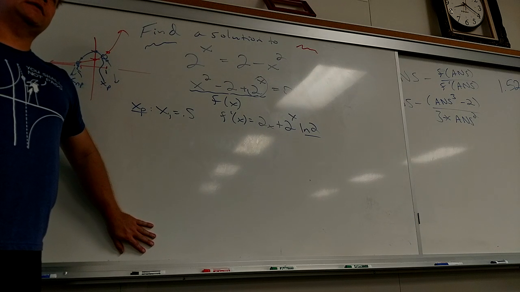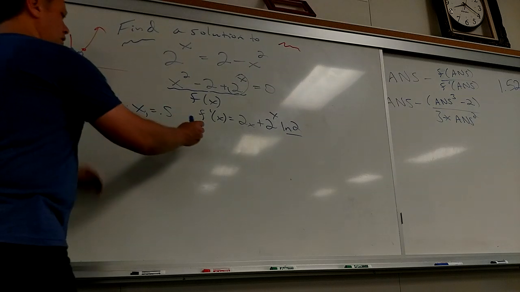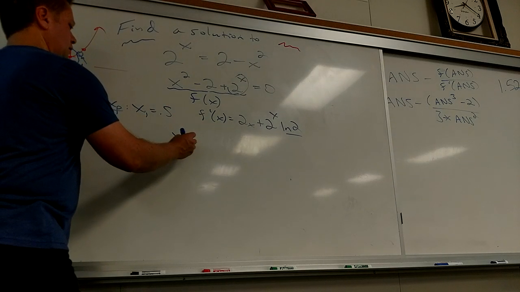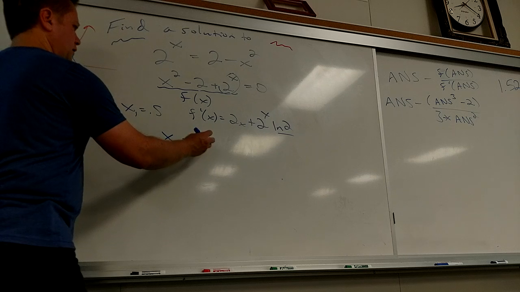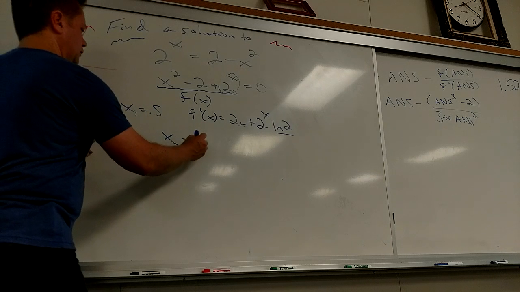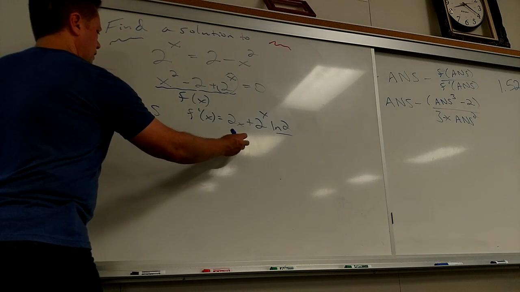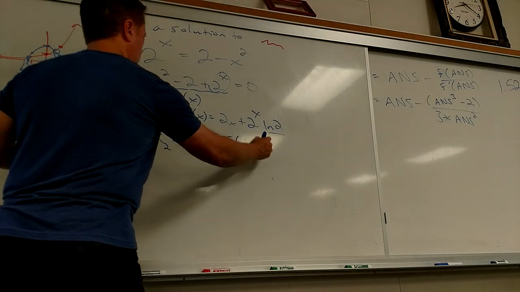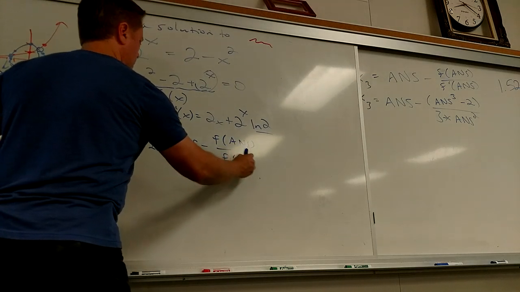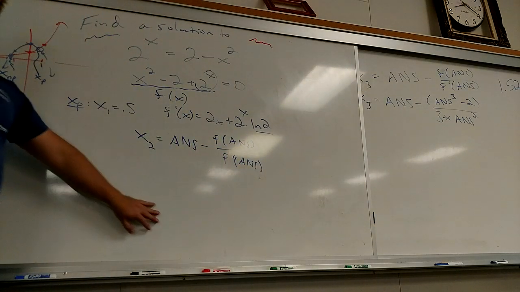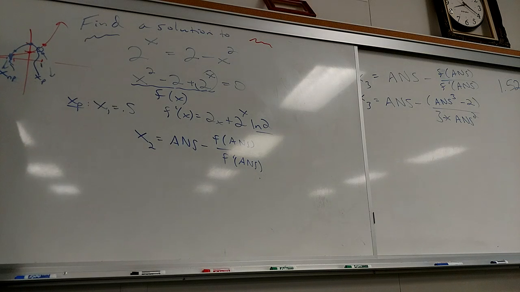So then to set this up, x2 is going to be 0.5, so I'm going to say answer minus f of answer divided by f prime of answer. That's the main idea behind this.